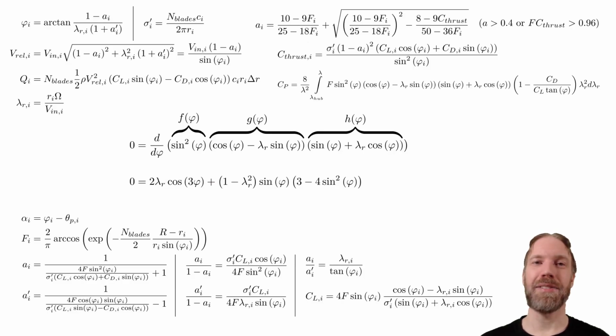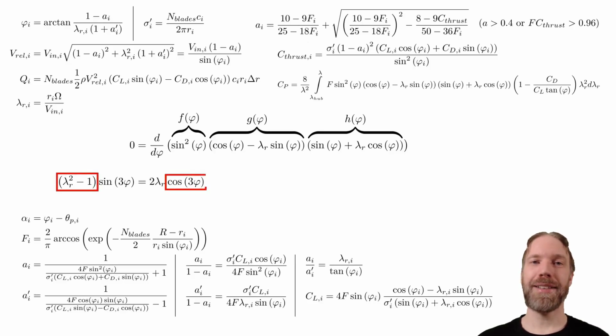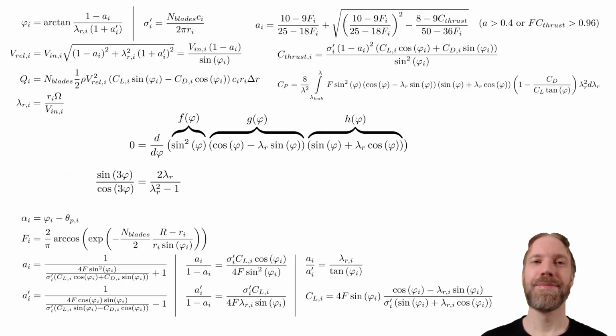And this is sine of the triple angle. Move to the other side. Divide by this. This is tangent of 3 phi.